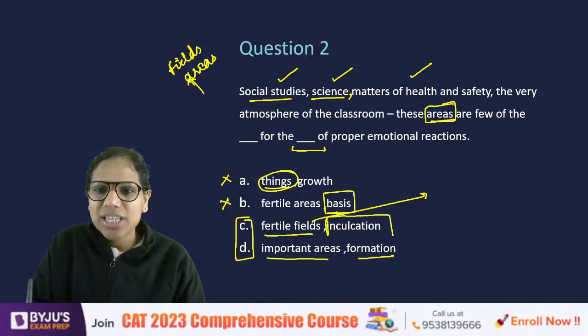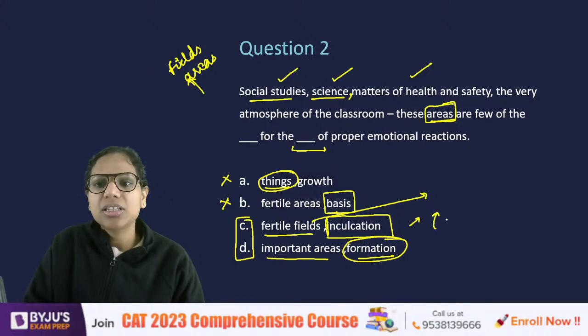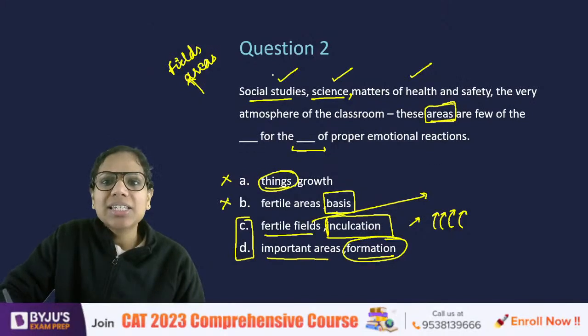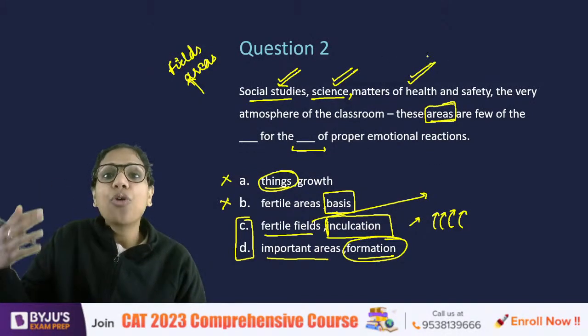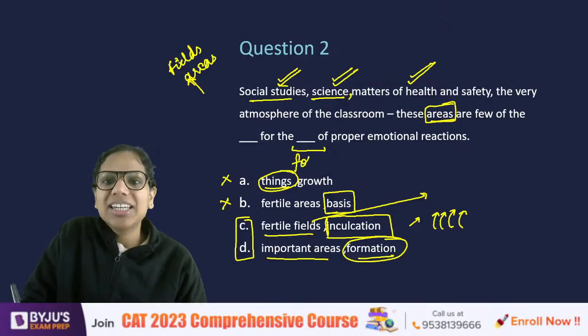My basis was actually the second blank, inculcation versus formation. Inculcation means that someone is trying to develop or cultivate a habit, cultivate something in you, right? So it's something that is done by another. Whereas when you read these subjects, when you study these, you form your own opinions, you form your own reactions.